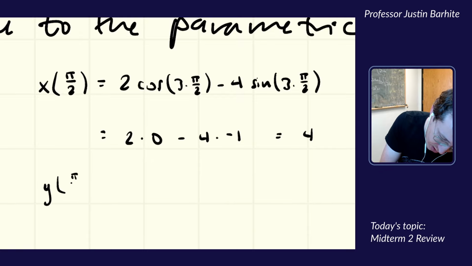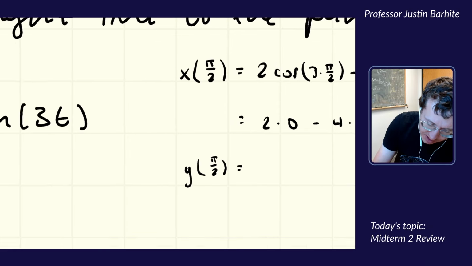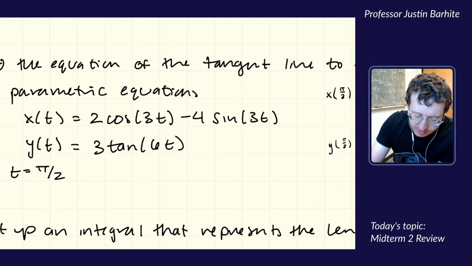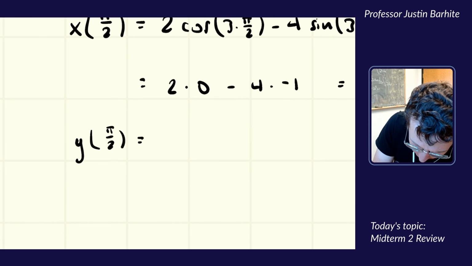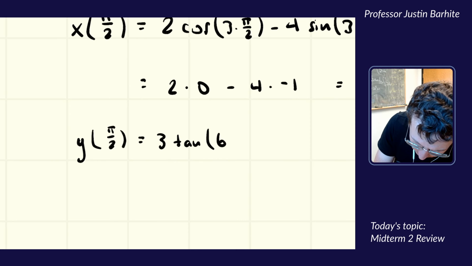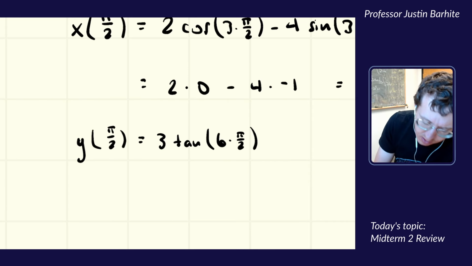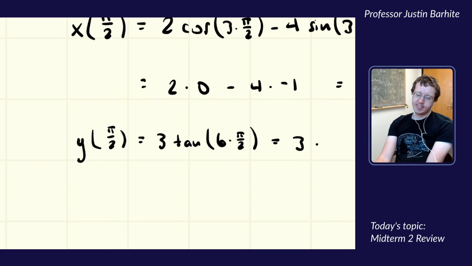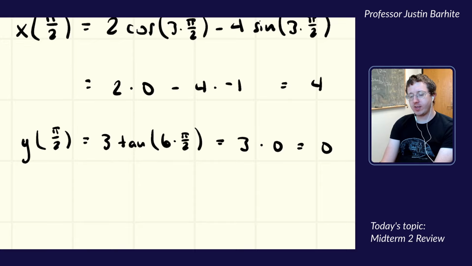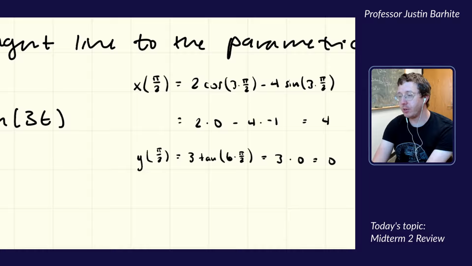And the y-coordinate is obtained by plugging pi over 2 in for t to the y equation, which is 3 times the tangent of 6t. Six times pi over 2 is 3 pi. The tangent of 3 pi is 0. So at time pi over 2, this curve passes through the point (4, 0).